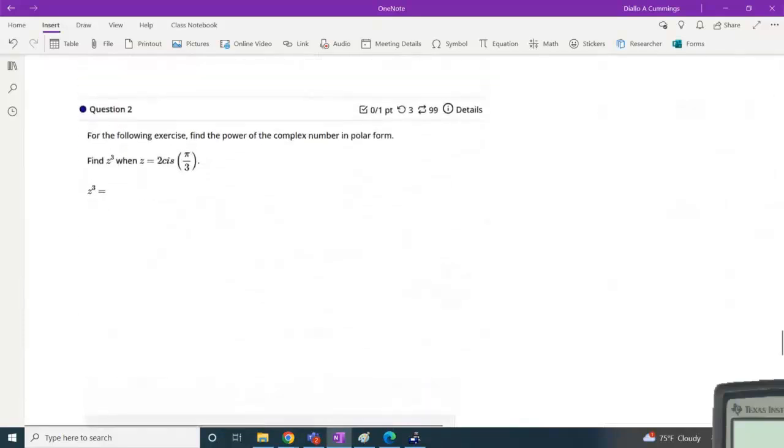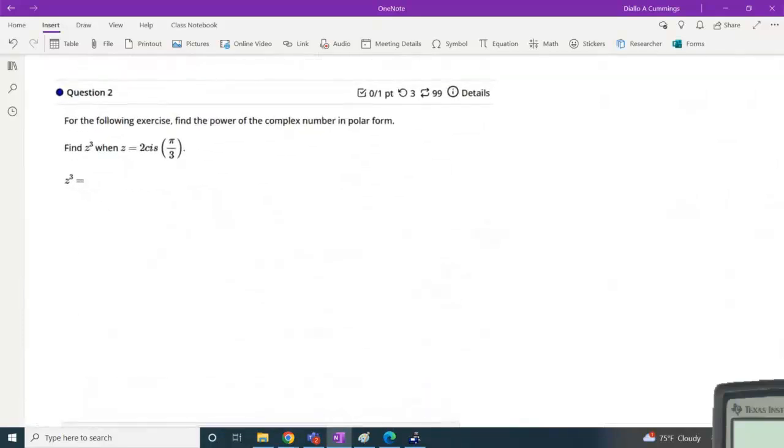We're going to do much the same thing for problem number 2. Again, we want to take our complex number in polar form, which is 2 cis pi over 3, and we want to raise that to the third power.